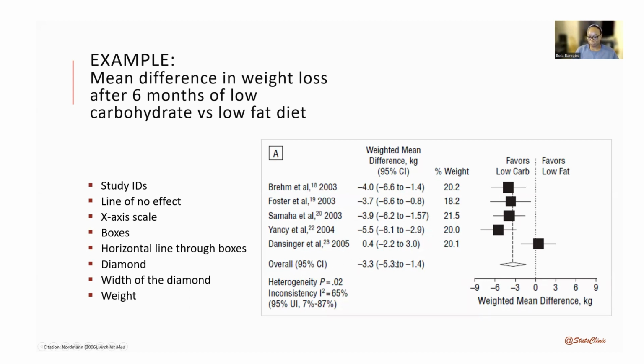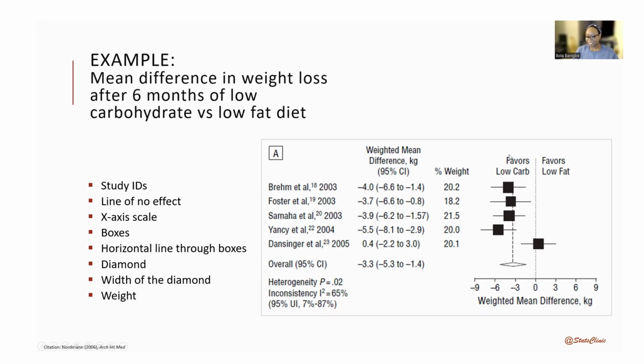Here is the pooled estimate, and you can see it here, the diamond. The point estimate is a little lower than 3, so here it says negative 3.3, and then you can see the 95% confidence interval of the pooled estimate, negative 5.3 to negative 1.4.